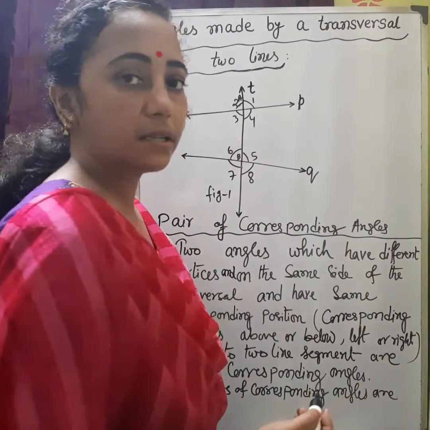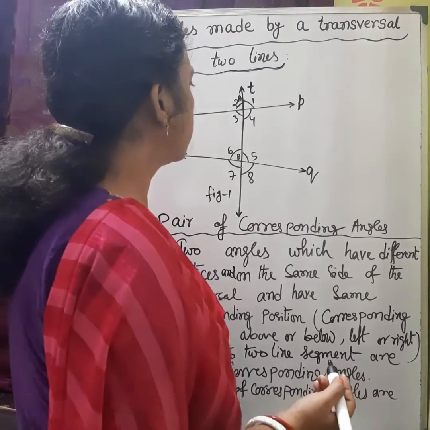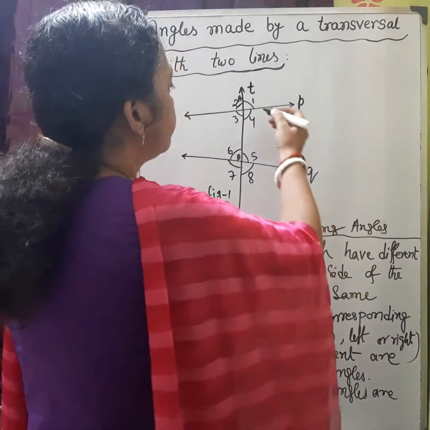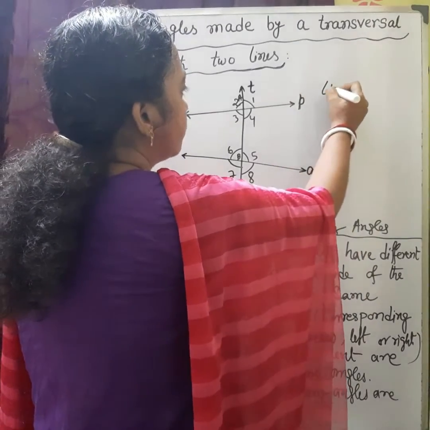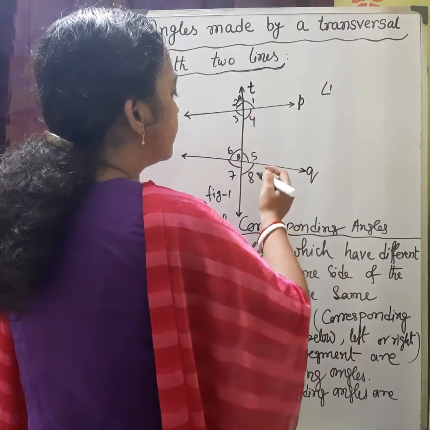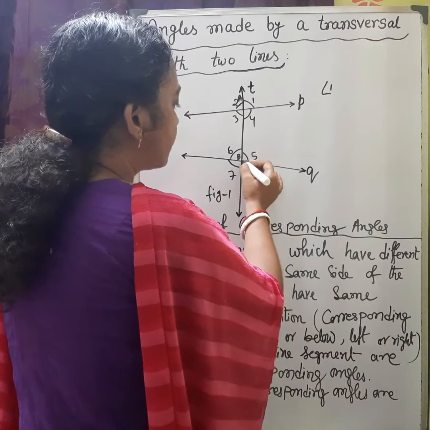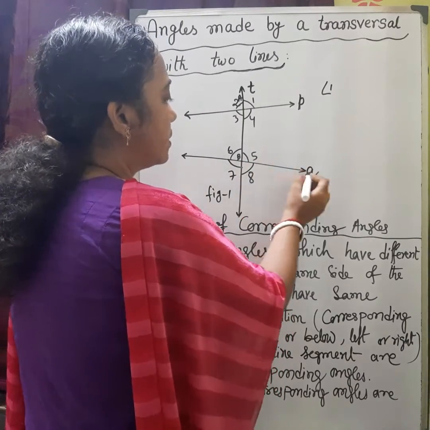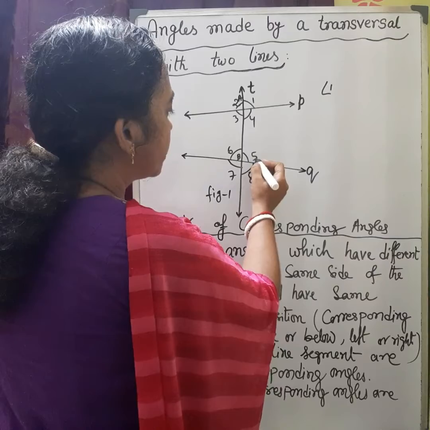So let us consider the pairs of corresponding angles formed by them. If we consider angle 1, which is above the line P at vertex A, then at another vertex, that is at point B, above the line Q is angle 5.